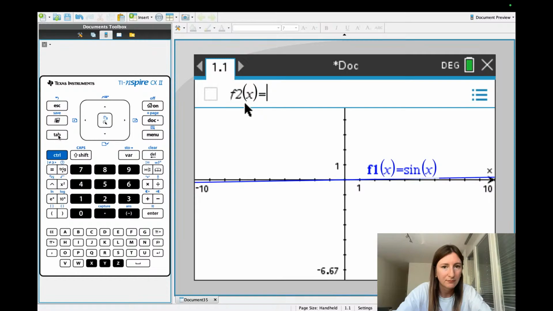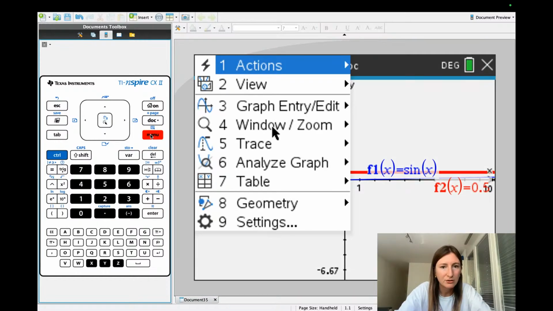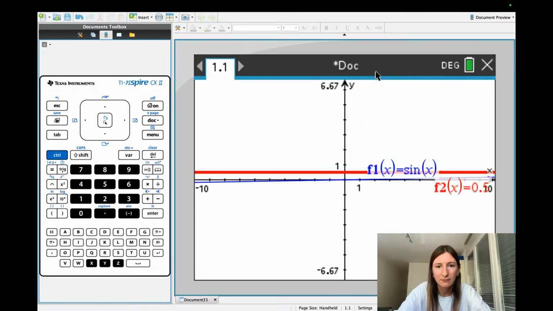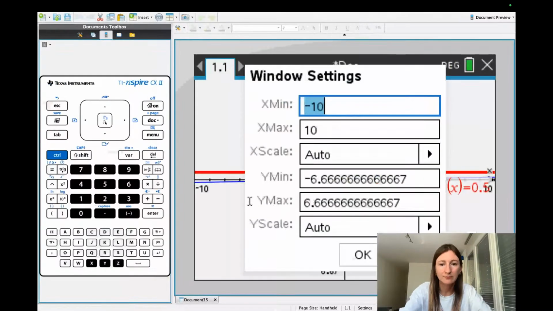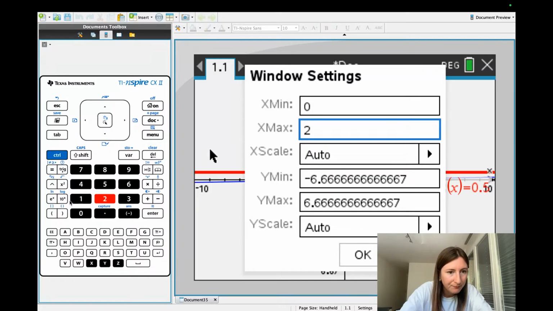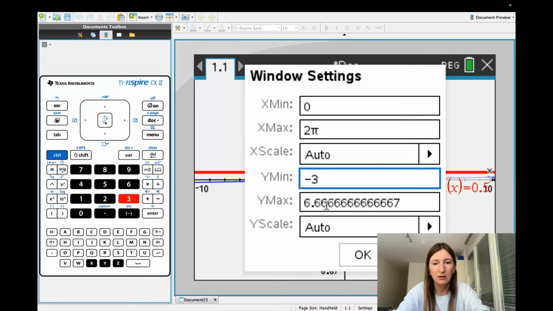So sine x, then next one, 0.5. And let's change our window. We wanted between 0 and 2 pi. And my sine graph only goes between 1 and -1, so I'm going to say -3 and 3, just so I can see what's happening with it.